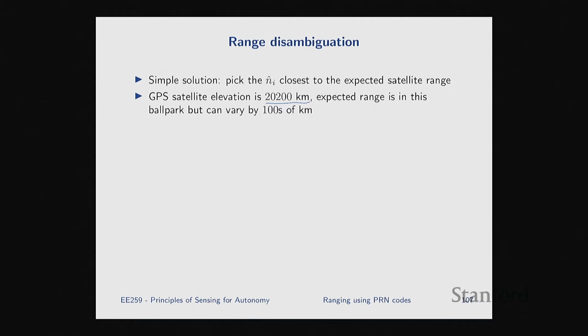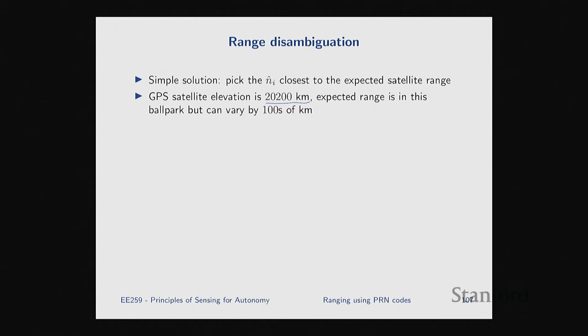If the receiver was exactly below one of these satellites, then the range would be 2,200 kilometers. But in reality, these satellites cover a large portion of the Earth, so your range or pseudo range can be hundreds or possibly thousands of kilometers away from this number. That's still okay, it's a ballpark number to work with. So let's see if that is useful for disambiguation.